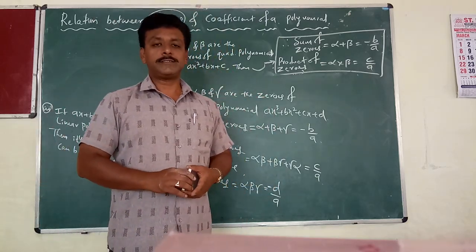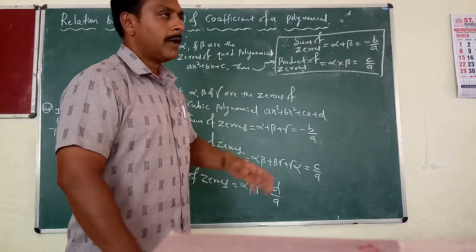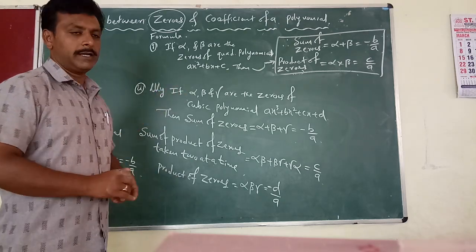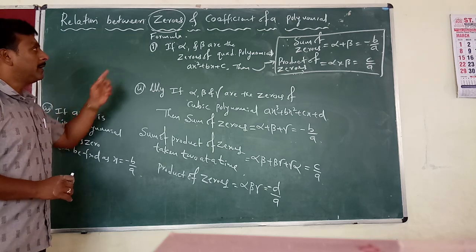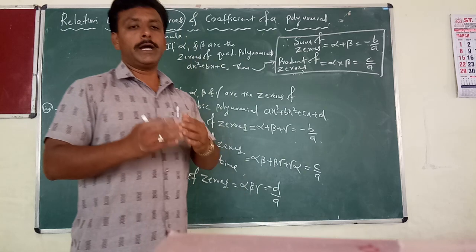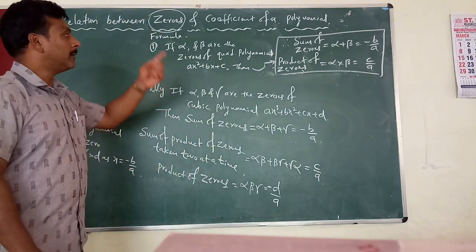In the last class, whatever we discussed, let me recap it quickly. We discussed the relation between the zeros and coefficients of a polynomial.